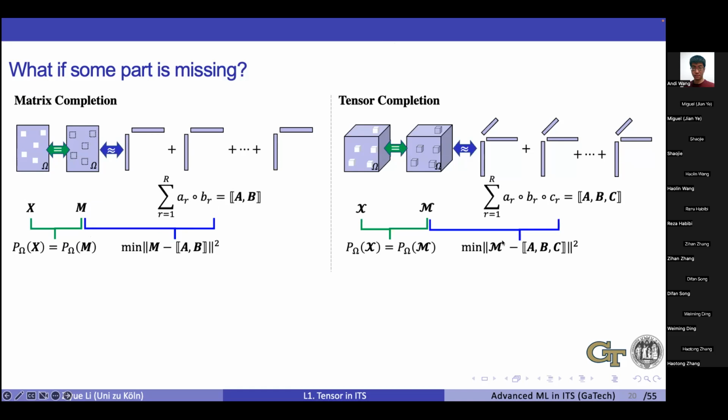I will introduce it in a little more detail later. But the thing is, how can tensor completion be related to prediction? That's exactly the second part, the short-term prediction we will talk about.